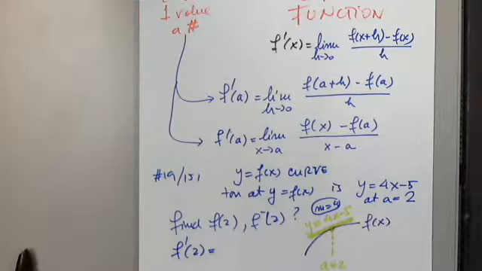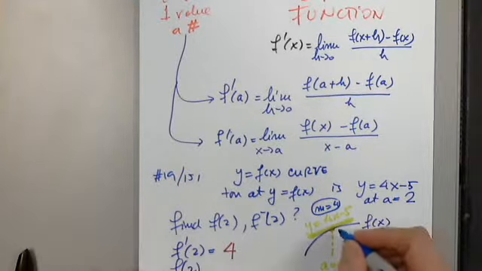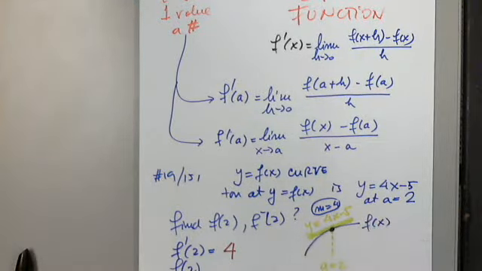Of course. That's what the derivative will give us: the slope of the tangent line to the graph of the function at that point. If the slope of the line is 4, f prime of 2 must be 4. Agreed? Okay, final question. We're asked to find f of 2. How much is f of 2? Remember, this is a point on the tangent as well as on the graph of the function.